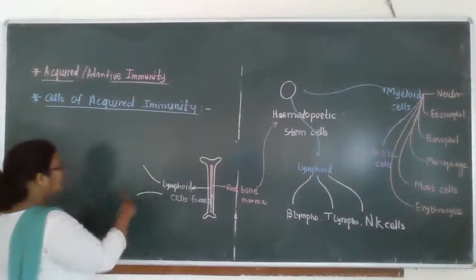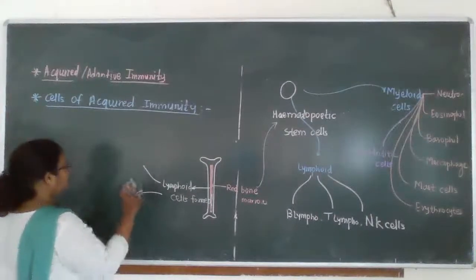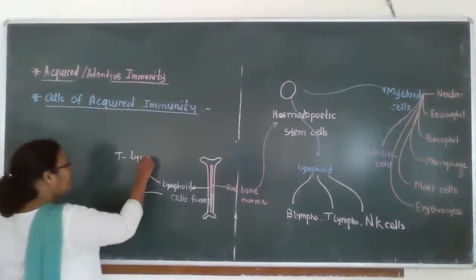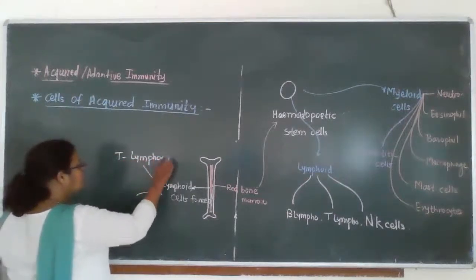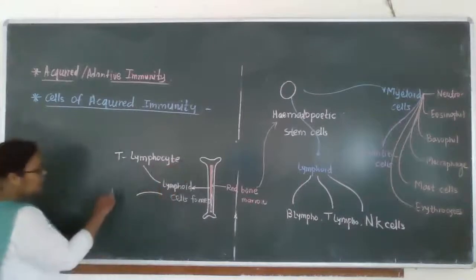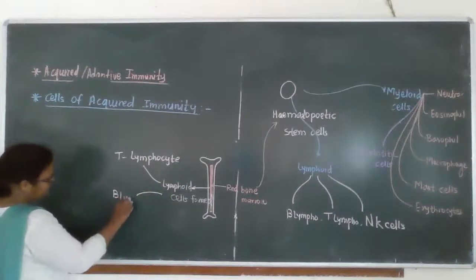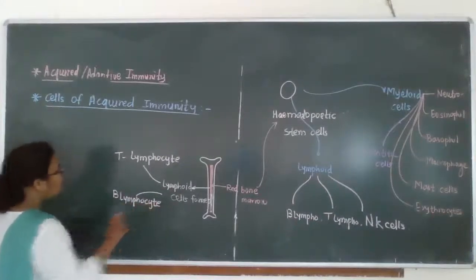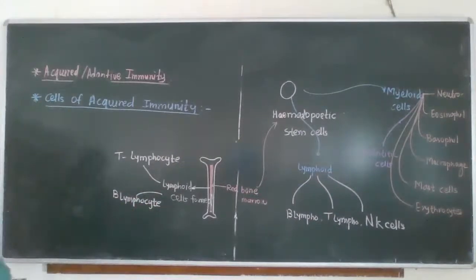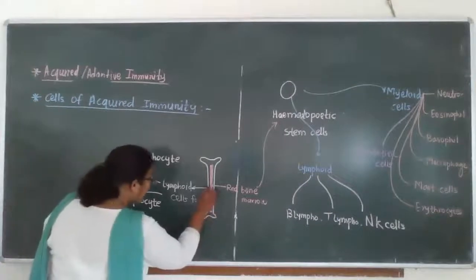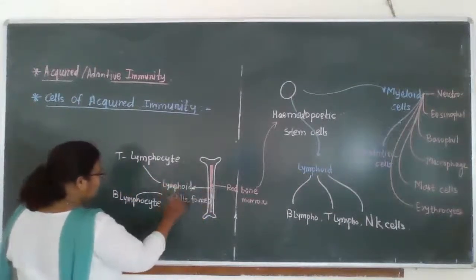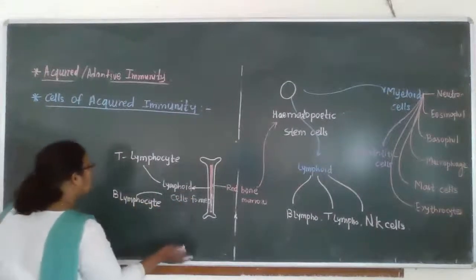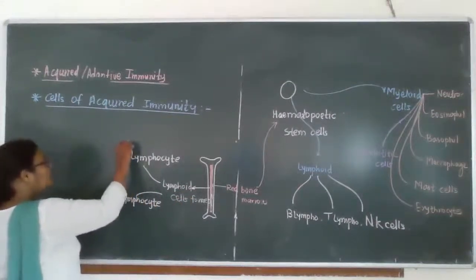We are dealing with the B and T lymphocytes. The first one is the T lymphocyte, and the other one is the B lymphocyte. Now, the T lymphocyte: those lymphoid cells which move towards the thymus.